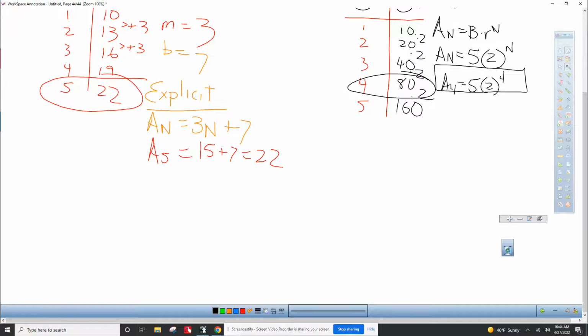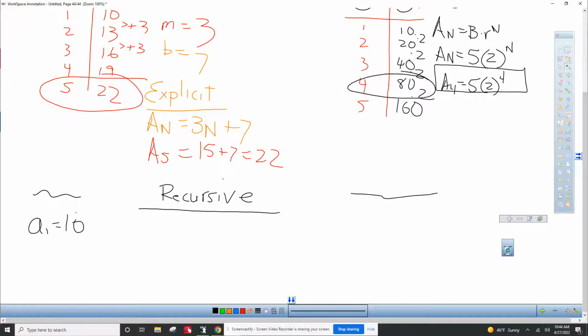Recursive, they're actually similar. A recursive formula has two parts. So let's do this one over here, and we'll do this one over here. Both of the first parts are the same. A sub 1 is 10. Now, A sub 1 is not always 10. It just happened to be 10 in both of the examples I made for you, okay?